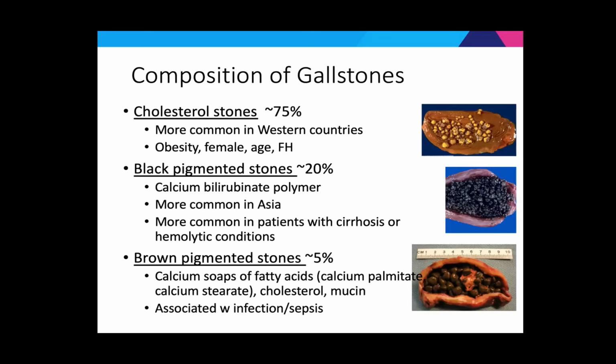These are made of calcium. They're more common in Asia, and in patients with cirrhosis or hemolytic conditions. Brown pigmented stones account for about 5% of gallstones. These are a mixture of calcium, cholesterol, mucin, and bacteria, and are associated with infections and sepsis.